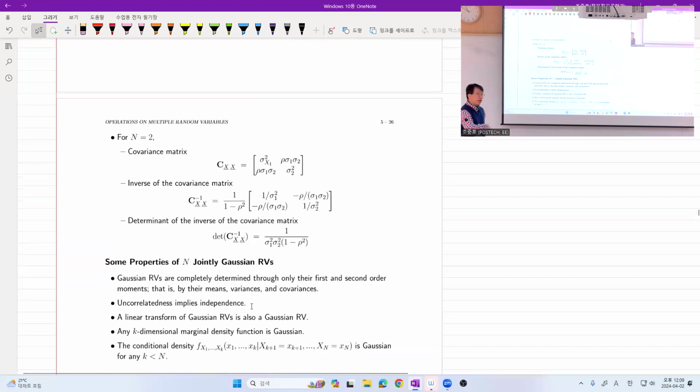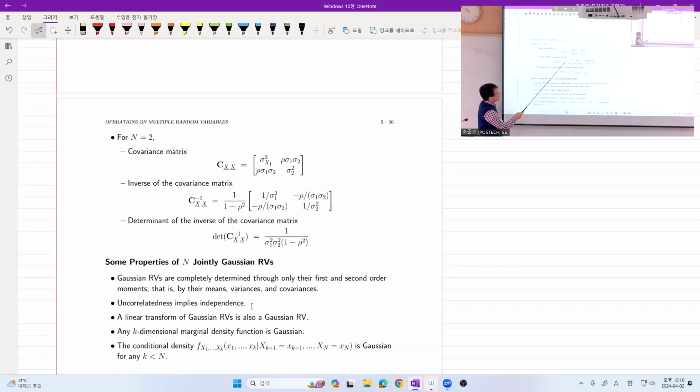And now let's go back to our friendly n equals 2 case. Because as you see here, the covariance matrix is a 2x2 matrix whose inverse is given by that one, right? You know how to invert a 2x2 matrix, right?